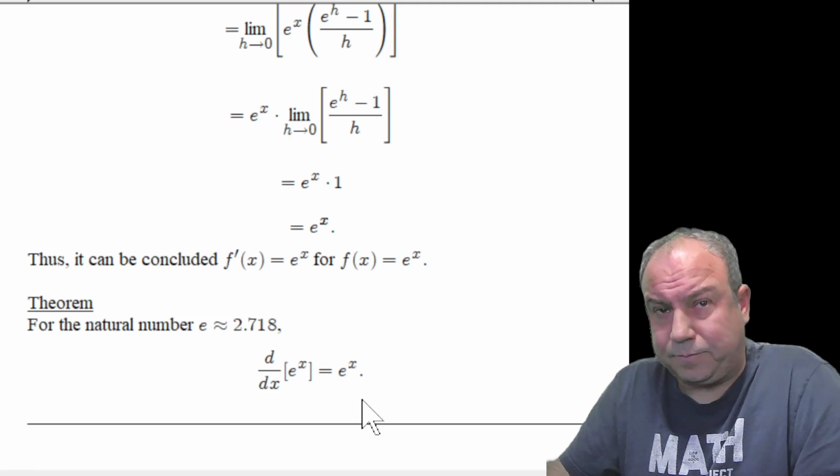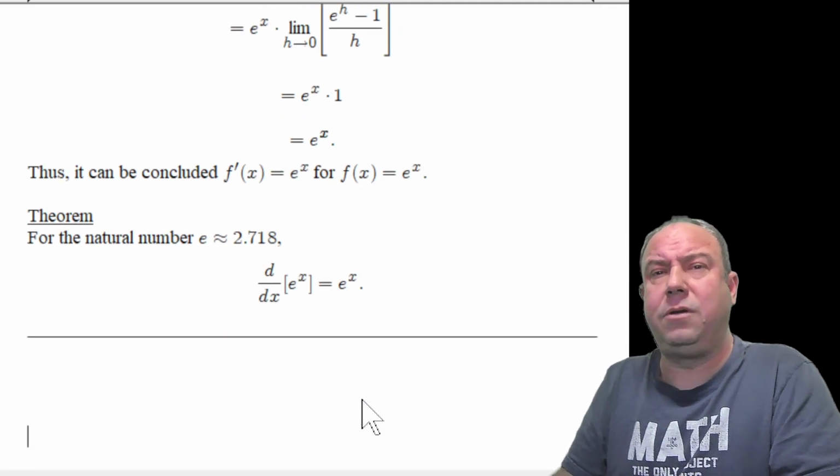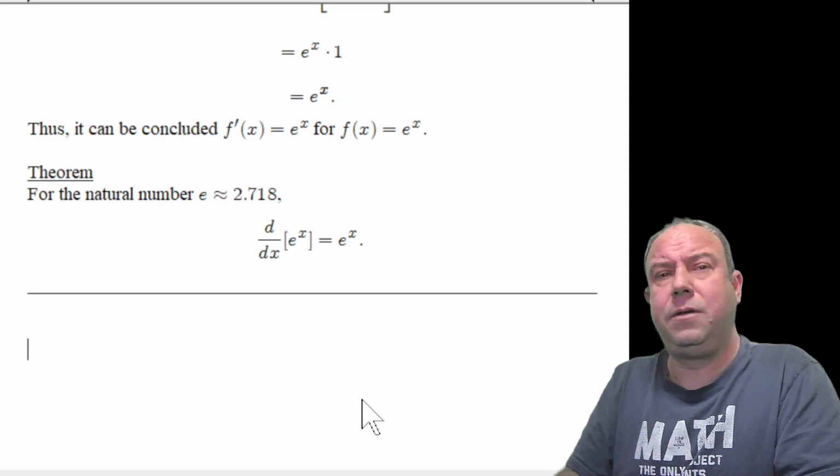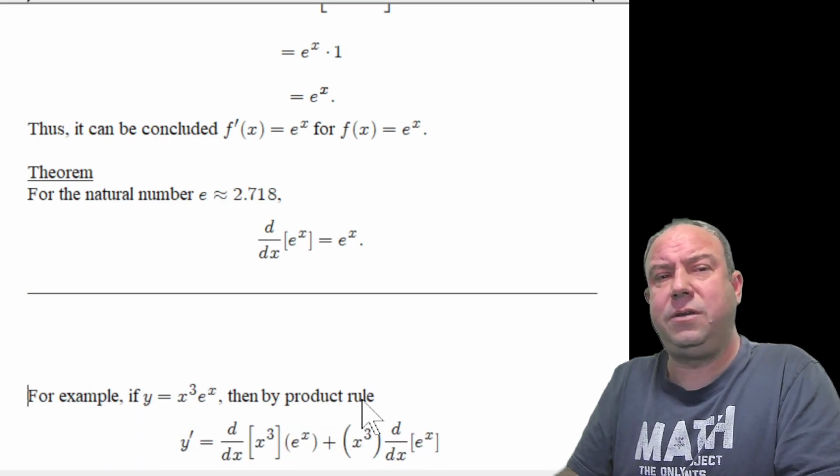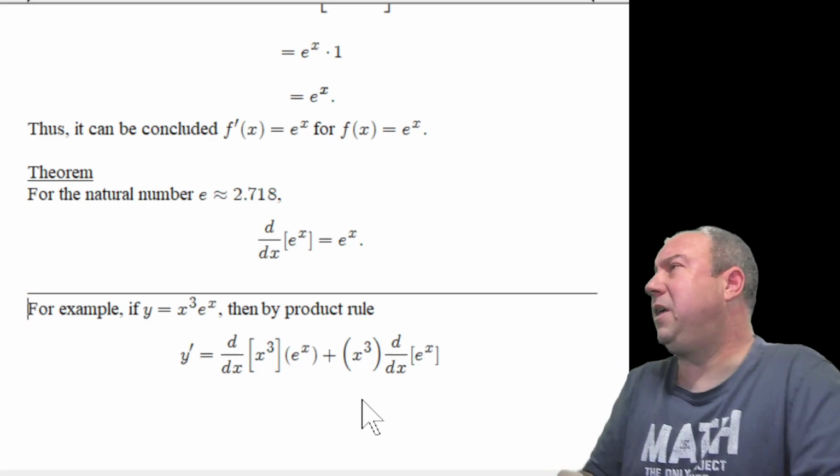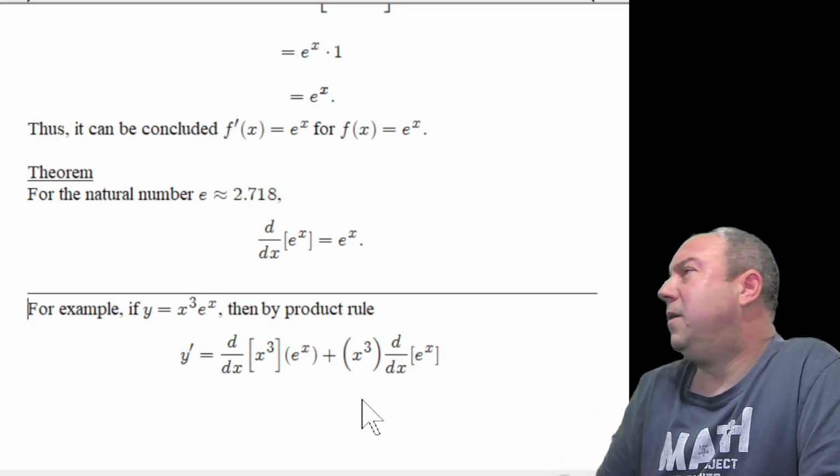Now, let's work it into a quick example to finish up this set of notes. For example, we might be given y equals x cubed times e to the x.